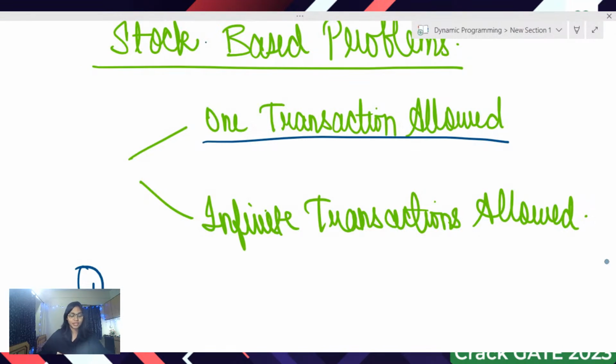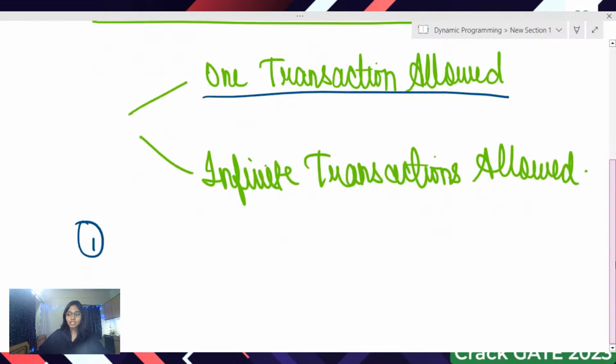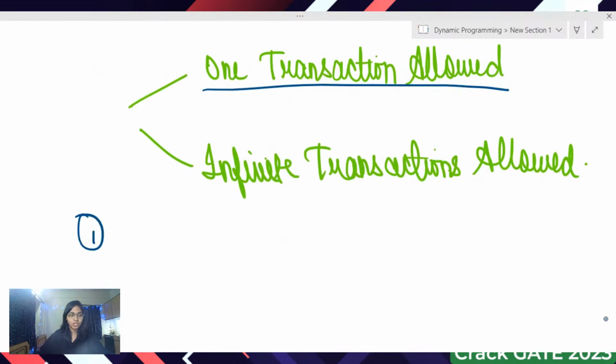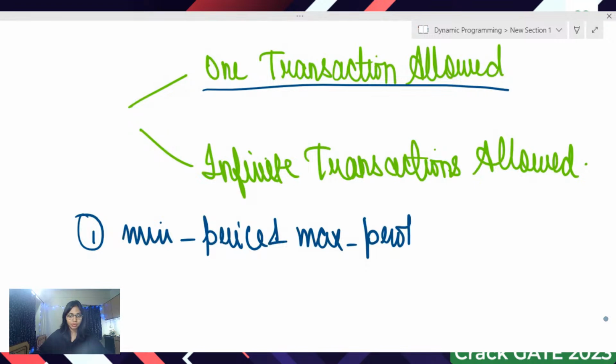Basically, in the previous session, we did these two problems based on the stock span. One was one transaction allowed, and the second was buying and selling the stock when infinite transactions are allowed. In one transaction allowed, we were finding the minimum price and the maximum profit.